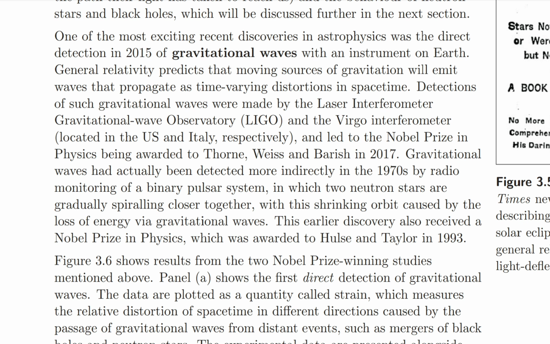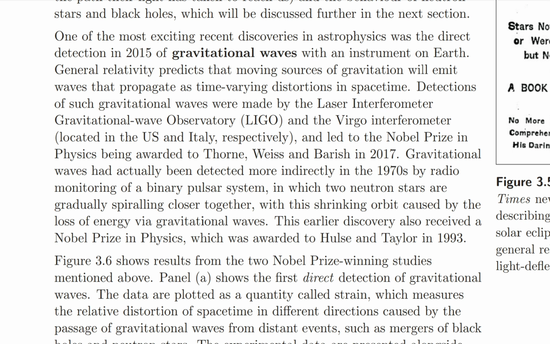Detections of such gravitational waves were made by the Laser Interferometric Gravitational Wave Observatory (LIGO) and the Virgo Interferometer located in the US and Italy respectively, and led to the Nobel Prize in Physics being awarded to Thorne, Weiss and Barish in 2017.